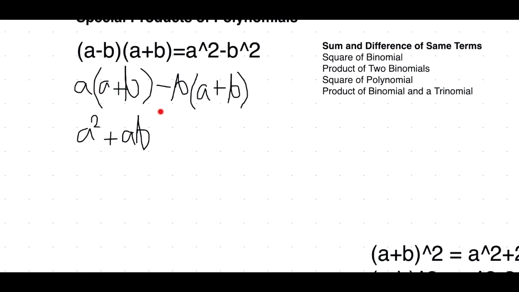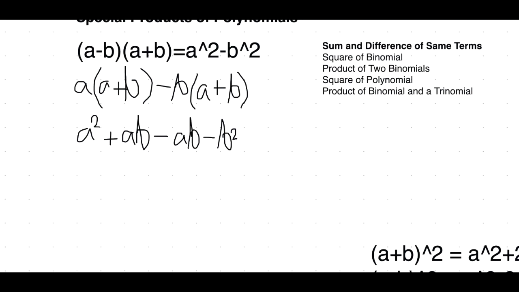So that would be minus ab. And then we have minus b multiplied by b. And so minus b times b, that's negative b squared, because you are multiplying b by itself, but you also have this negative here, which makes it negative. Okay, so our resulting formula from that is a squared plus ab minus ab minus b squared.